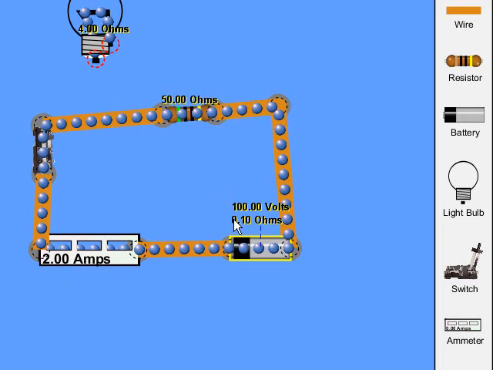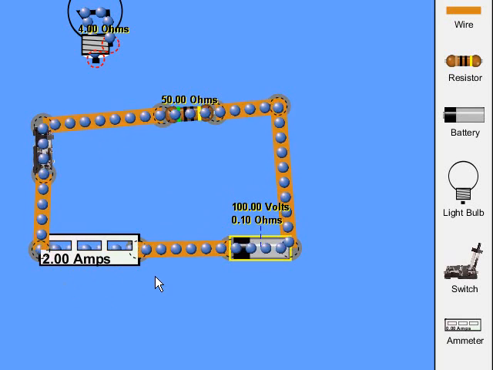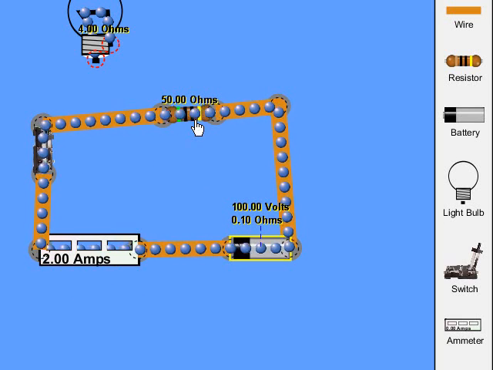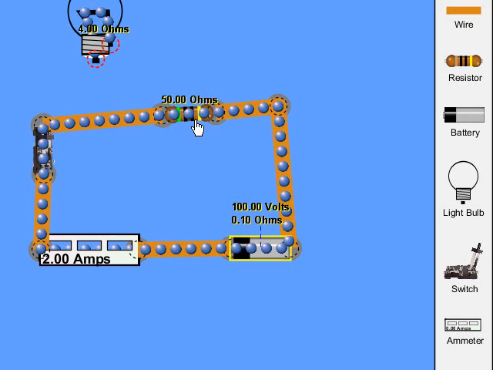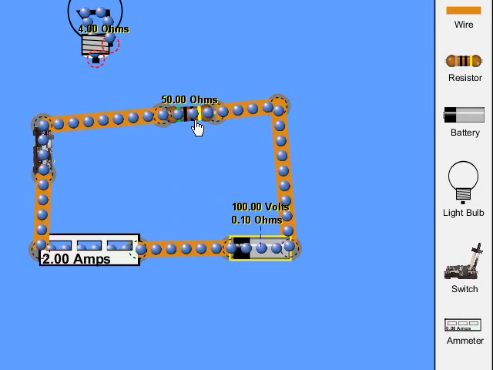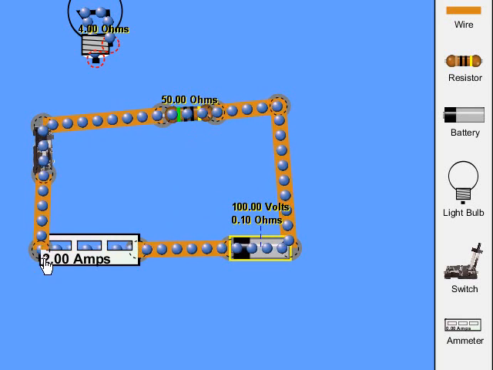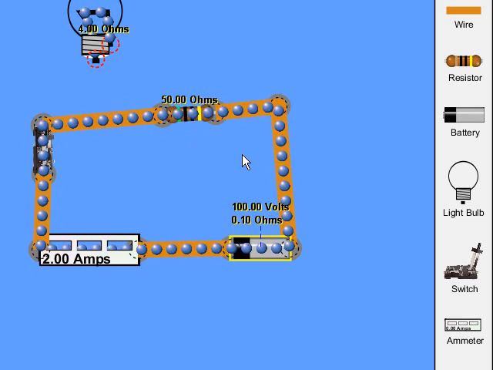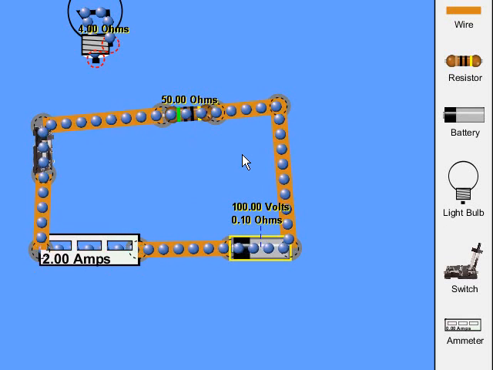And then 2 amps times 100 volts is the 200 watts that are being used by the resistor. In this case, for this applet, it doesn't show the calculation for the power, so we still have to do it, but that's really easy. 2 amps total current times 100 volts for the power, which makes 200 watts.